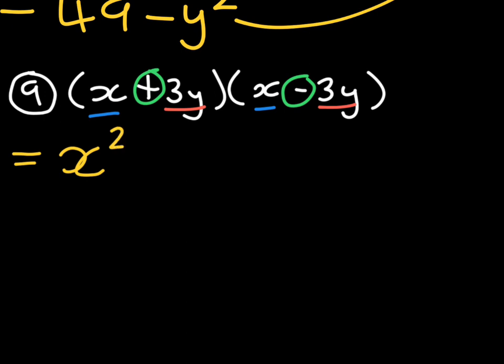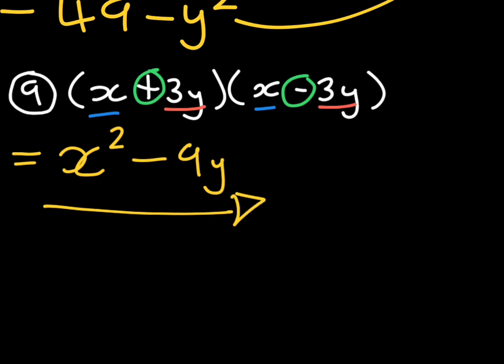Next, we minus, and lastly, we're going to square our second term. Right, so 3y squared, 3 squared is 9, y squared is obviously y squared, and that will be our final answer for question number 9.